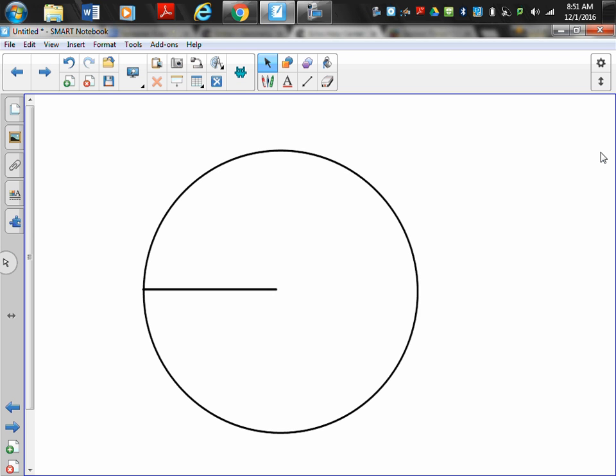Paul. Radius. So the diameter goes all the way across. Radius goes halfway across.